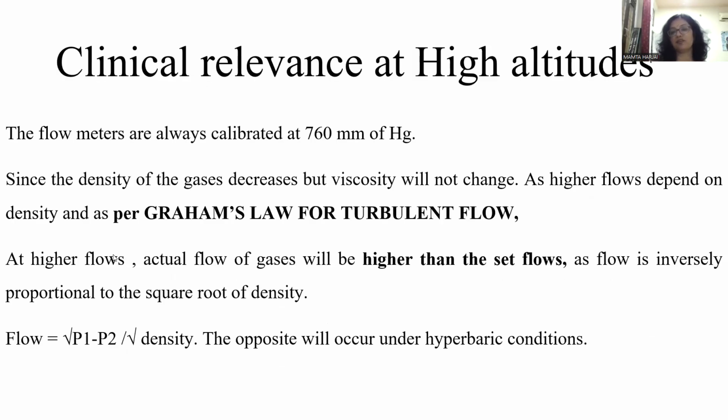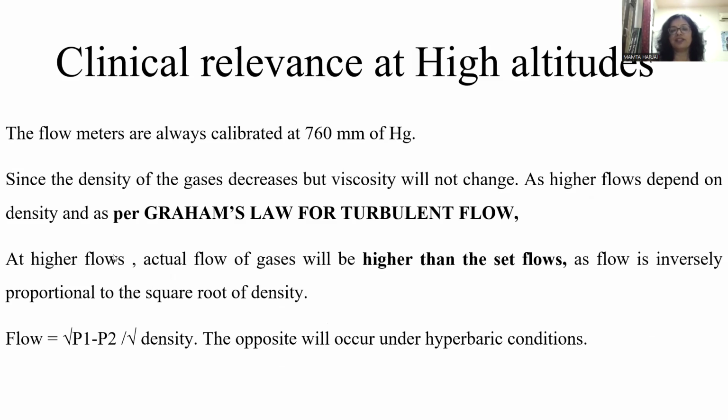What is the clinical relevance of this turbulent and laminar flow? The clinical relevance for the flow meter comes at high altitude, especially. All the flow meters are always calibrated at 760 mm of Hg. Now, the density of gas is decreasing, but the viscosity is not changing. At higher flows, what happens? I told you that it depends on the density as per Graham's law for turbulent flow.